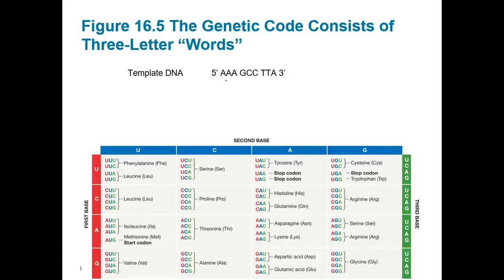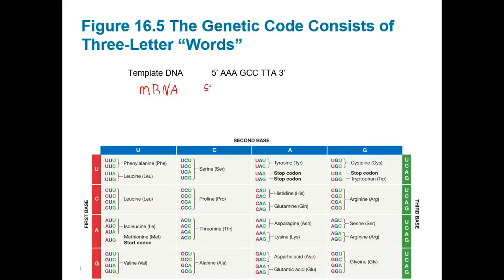And you'll see I have my bases outlined in series of 3, so our codons. Now, can I just use this chart directly? No, right? Because we do not translate from DNA. We have to make a copy first, mRNA. We have to transcribe our sequence.